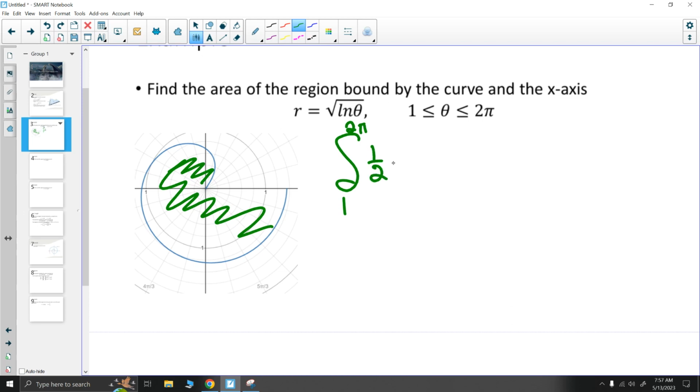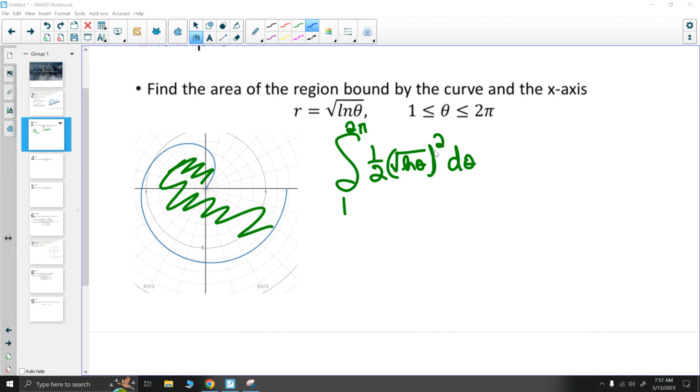1/2 r squared. Now our radius is just that, so it's the square root of ln theta, squared, d theta. Okay, so when we're talking about something like this, we want to first simplify this a little bit.